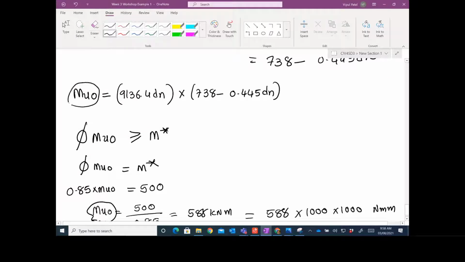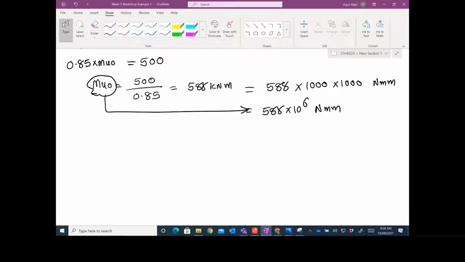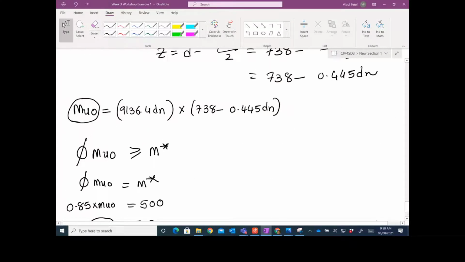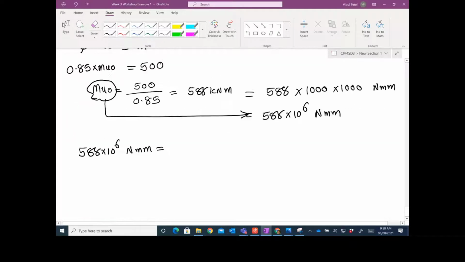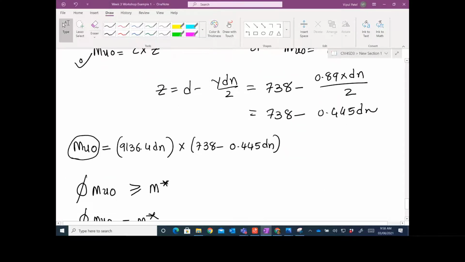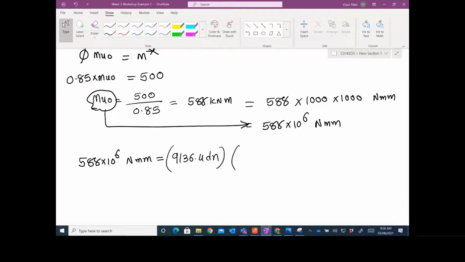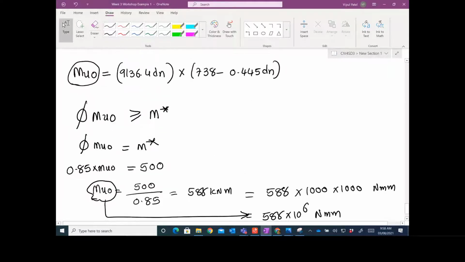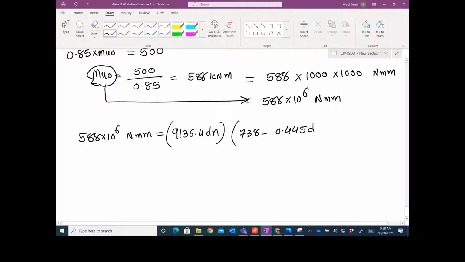We substitute this value here. 588 times 10 raised to 6 newton millimeters equals 9136.4 dn bracket 738 take away 0.445 dn. Now this is a quadratic equation, which we need to solve.